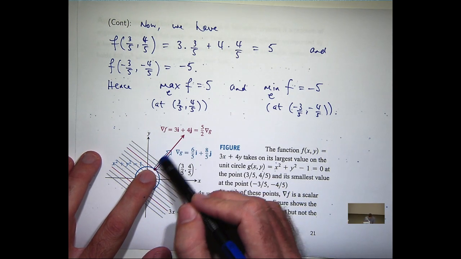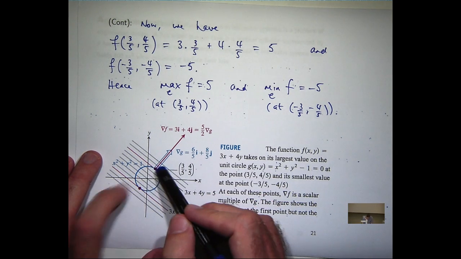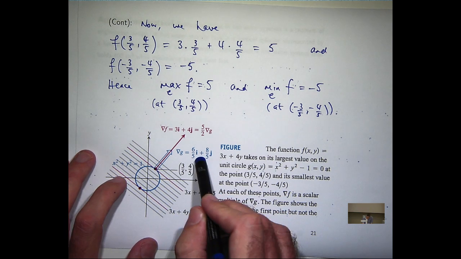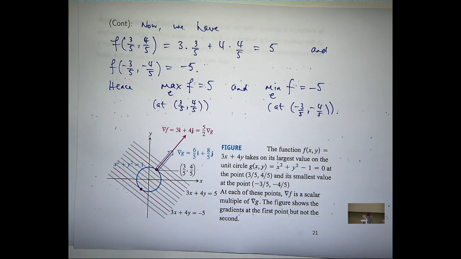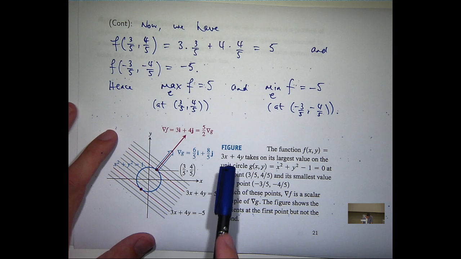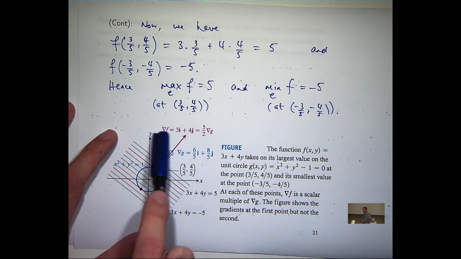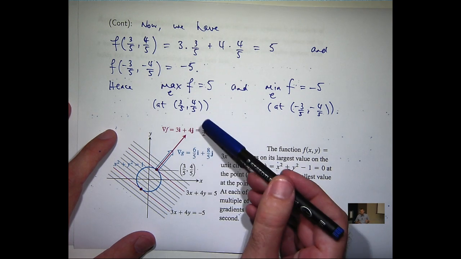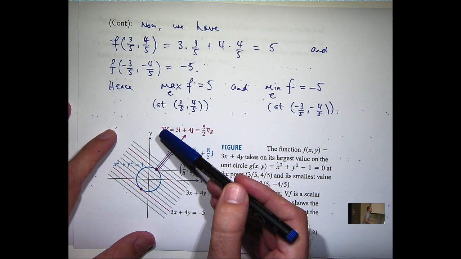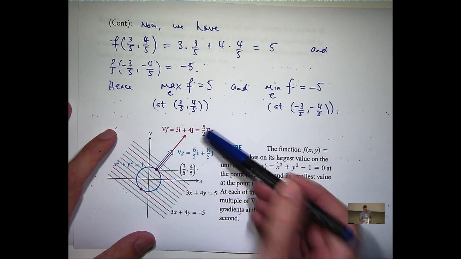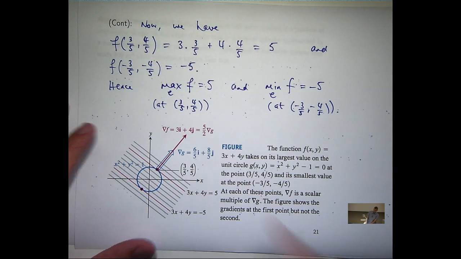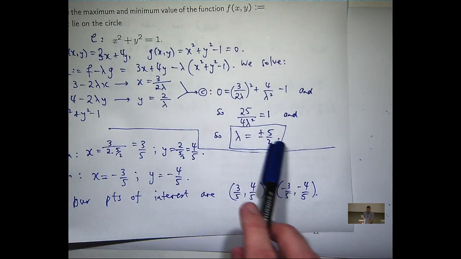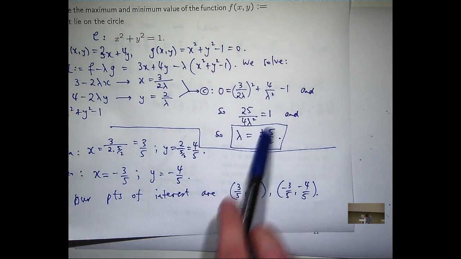If I draw in the gradient of g at our point of interest, I get this. You can calculate them, it's not difficult. Now, what do you notice between this and this? Well, it's a multiple of each other. Grad f is just 5/2 times grad g. What's the 5/2? Oh, it's one of the lambdas.